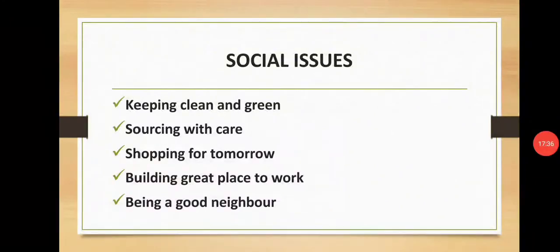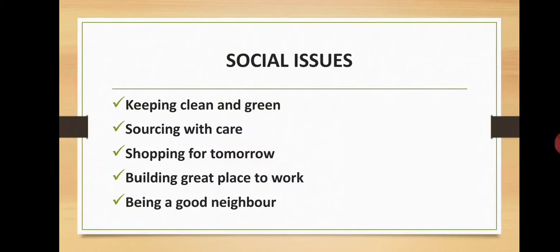Next, coming to social issues in retailing operations. Every businessman who operates a business, it might be a retailer or any other business, has to take care of some social issues while operating in a society. The first one is his business operations. Any businessman's business operations should not disturb the environment.